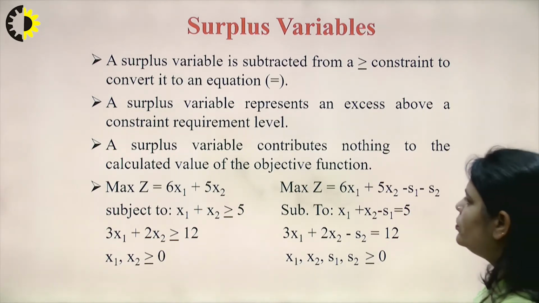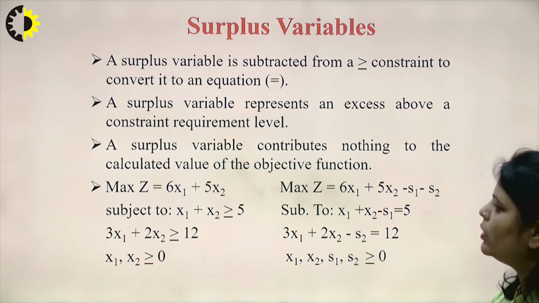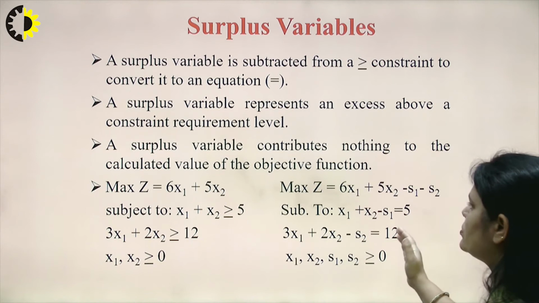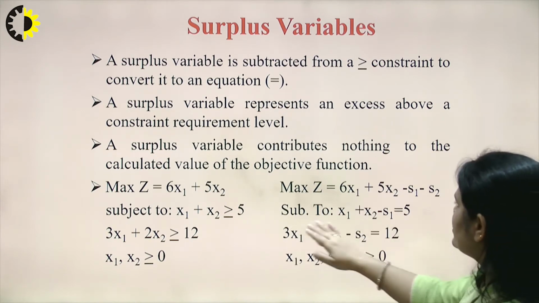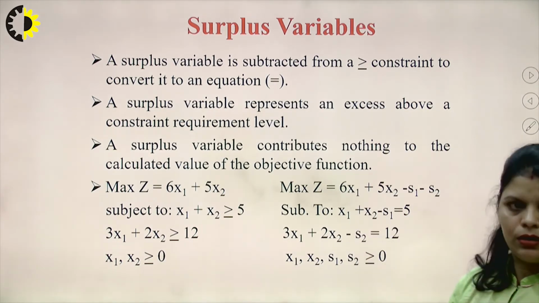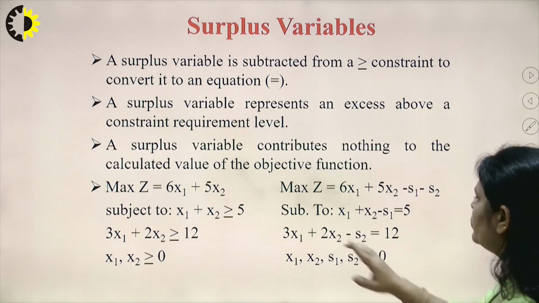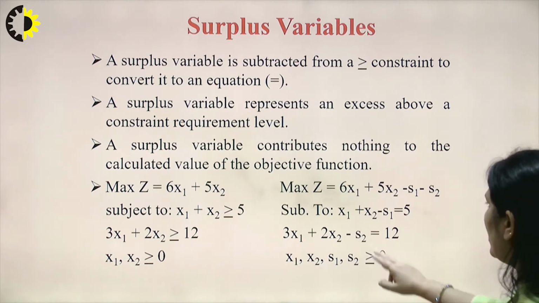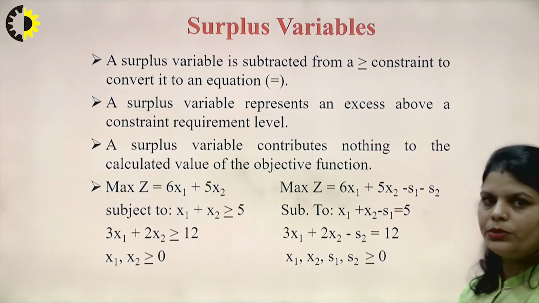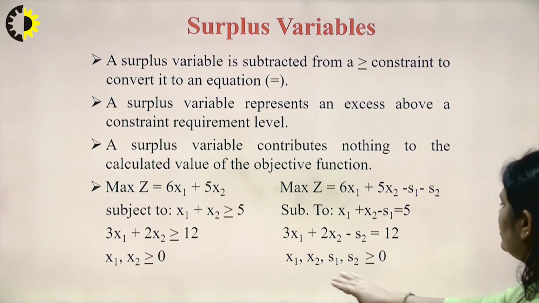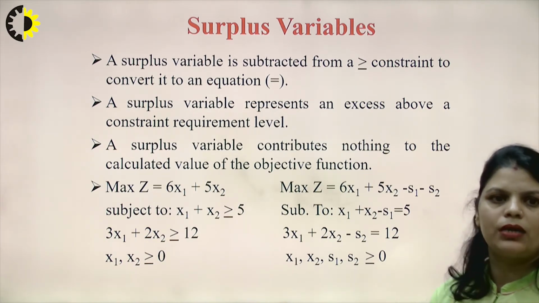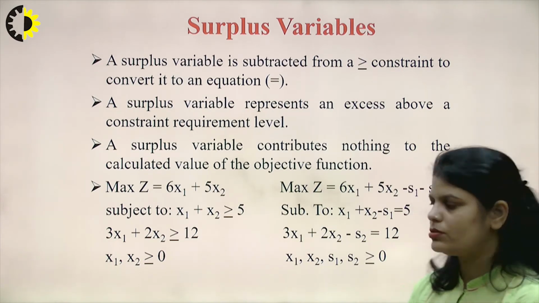Now our objective will be first to convert these two inequality constraints into equations, and we can see here that we have subtracted a variable s1 from the first constraint and s2 from the second constraint. Clear? And we have indicated these two variables S1 and S2 in the objective function also, and then we will ensure that all these variables satisfy the non-negative restrictions.